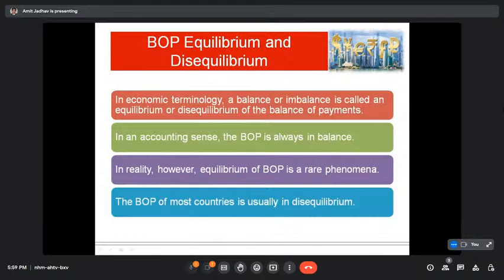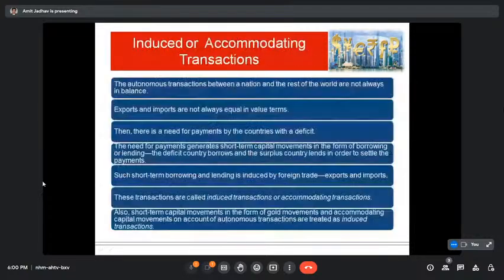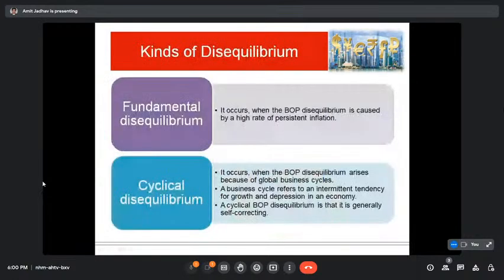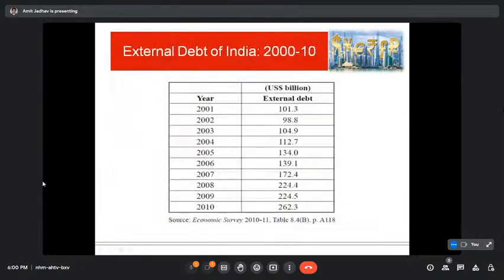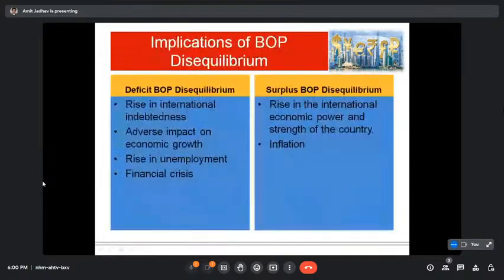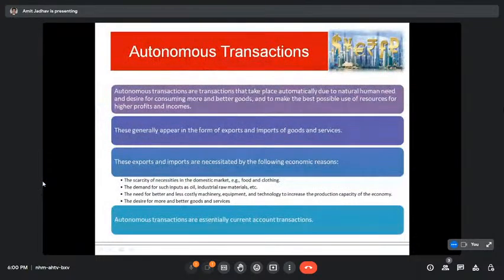Why the BOP becomes imbalanced, and we tried to find out some causes. Thus we tried to find out some types of disequilibrium, and similarly we discussed India's balance of payment, and how it is connected to their trade deficit and their external debt. So today we have covered our balance of payment topic.